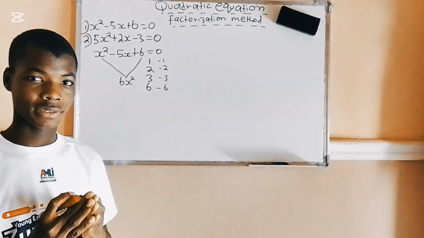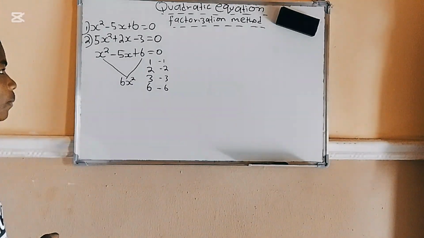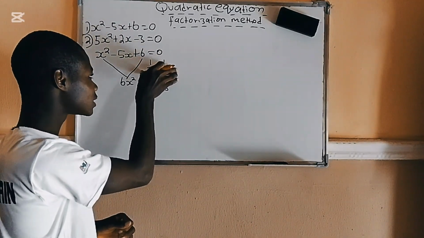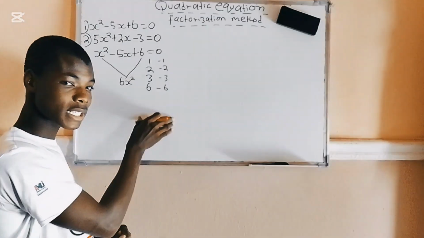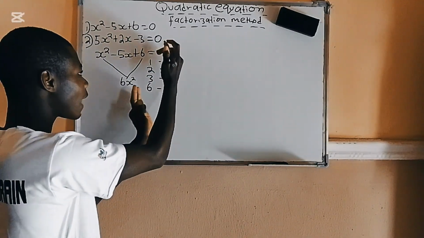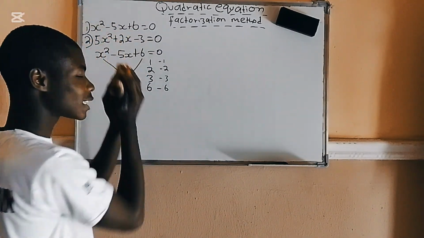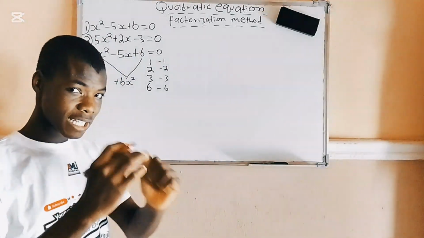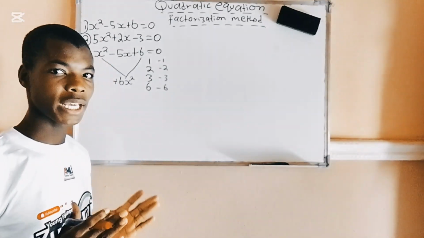The reason I figure out those numbers is that if I add, I get minus 5, and if I multiply, I get positive 6x squared. I hope you get it.